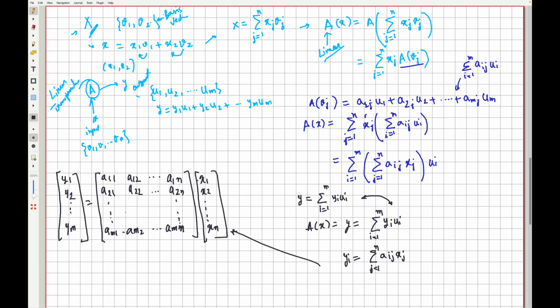This is the matrix that we were looking for. This is the A that we have.